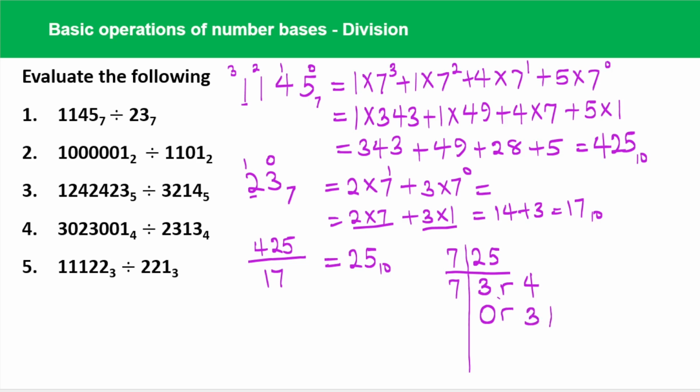Therefore, our answer, starting from the bottom to the top, is 34 base 7. So the answer to 1145 base 7 divided by 23 base 7 is equal to 34 base 7. This is how you divide using the first method.